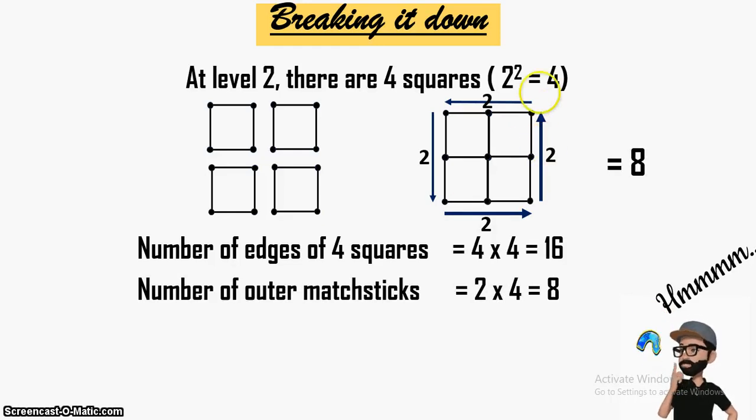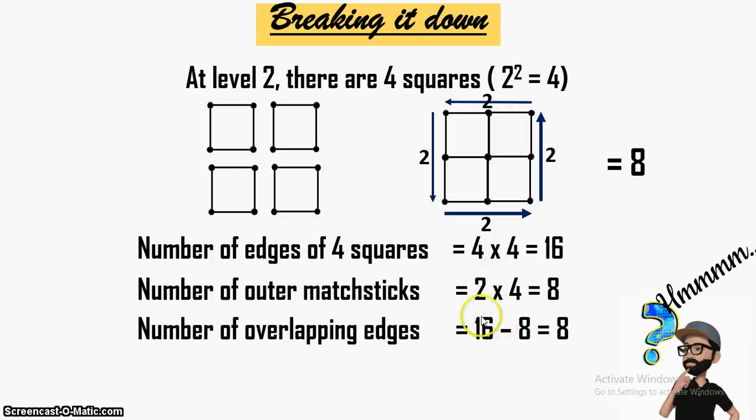So how do we get the number of inner edges altogether? Since we have the total number of edges to be 16 and the outer is 8, to get for the inner you say 16 minus 8 and that gives you 8. But from this point, we can now find the number of matchsticks inside. It's not 8. From what you're seeing here, it's 4. Why? Because they overlap.